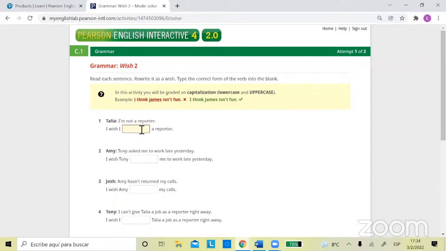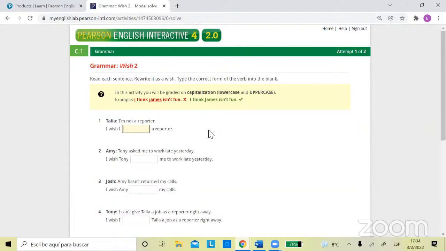Always remember this, Eunice. When you want to make a desire that can be transmitted in present, we have to use it with had. No. That is for regrets.